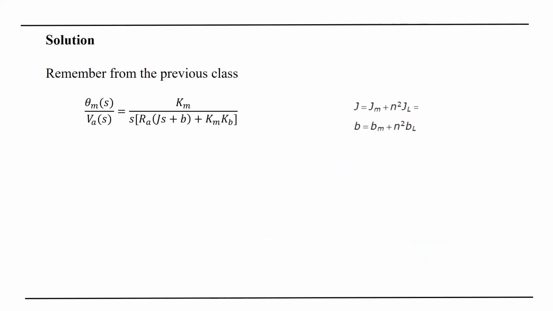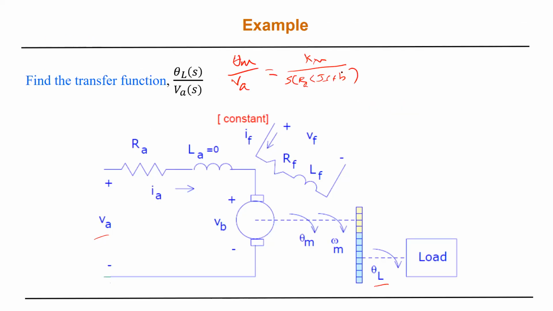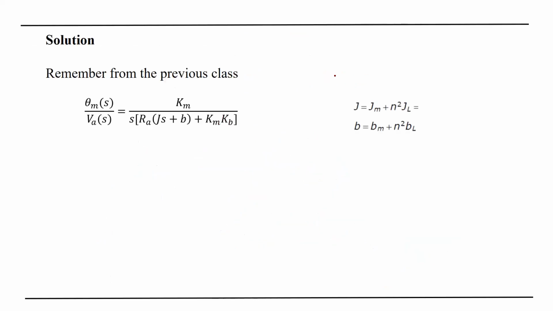Sorry, I did a mistake here. This is it: Km over S times RA times JS plus B, plus Km KB. This is if you go back and see the derivation, where here I have to modify J and B in this way.